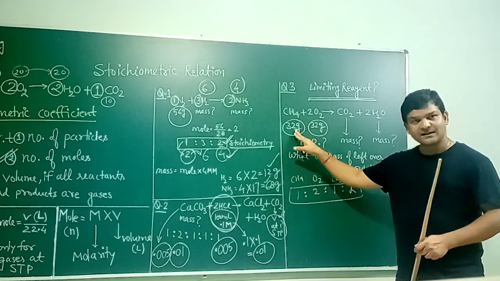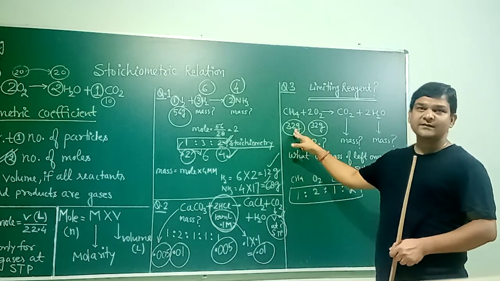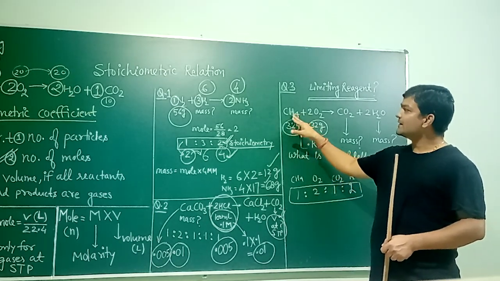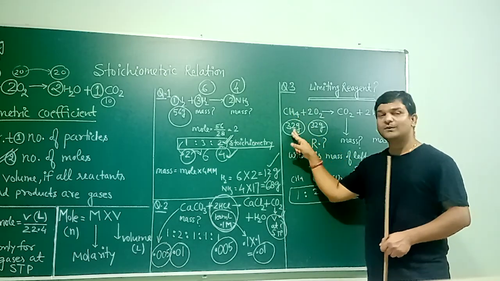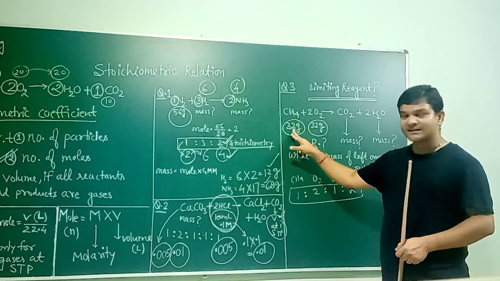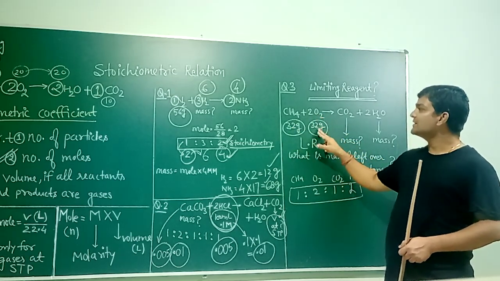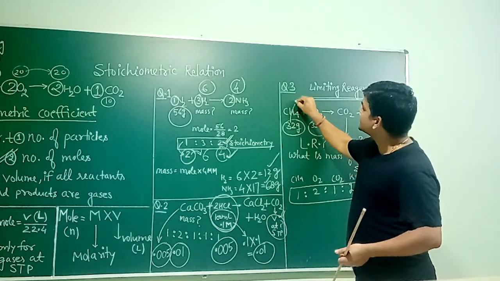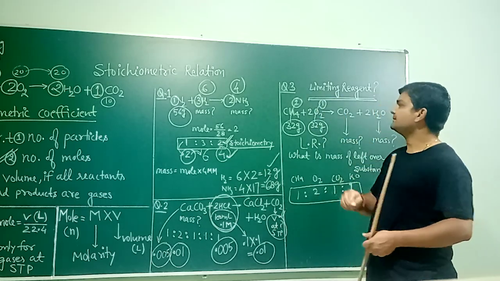Because you are given here mass, you can use formula mole equals given mass divided by gram molecular mass. Gram molecular mass of methane is 16. So here the number of moles are 32 divided by 16. Gram molecular mass of oxygen is 32. So it is 32 divided by 32. Here number of moles are 2 and here number of moles is 1.